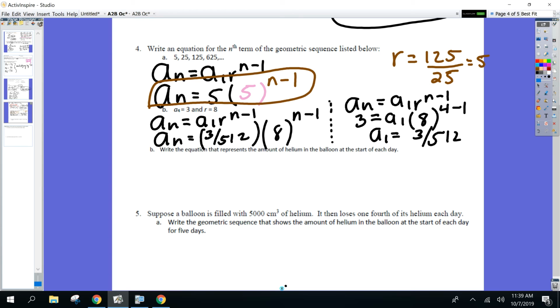And then under that, the first term is the fraction 3 over 512. I'm leaving it like that. Then I went back and plugged it in for the first term, and then leave it. Yes. All right, cool. Thanks.